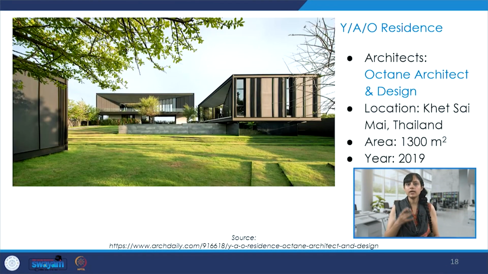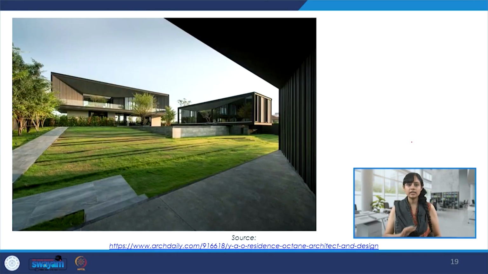Then there is this YAO residence, and this is in Thailand. This is 1300 square meters, quite big compared to the previous projects, and this is 2019. Again, the site placement, the overall landscape, and the way the built form is shaped in terms of the mass and void and the punctures and the fascia of the entire building blocks is very, very interesting.